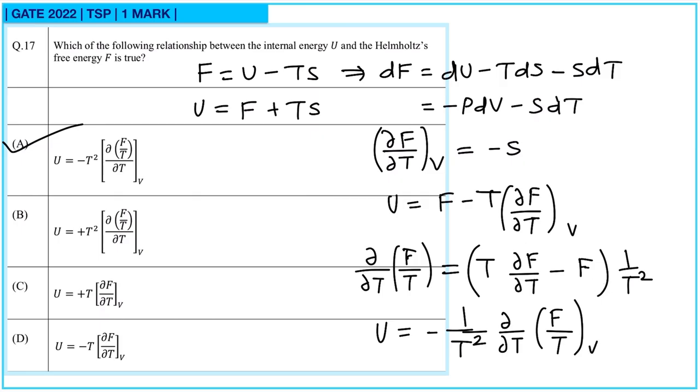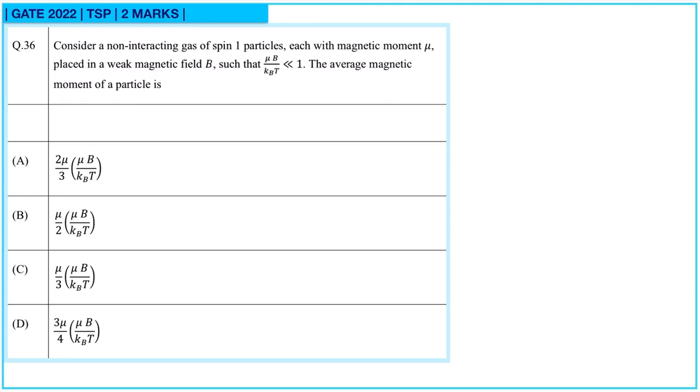Next question. Consider a non-interacting gas of spin 1 particles, each with magnetic moment μ, placed in a weak magnetic field B such that μB by kBT is much smaller than 1. The average magnetic moment of the particle is. Here it is given that spin is 1. So the possible states are minus 1, 0 and 1.